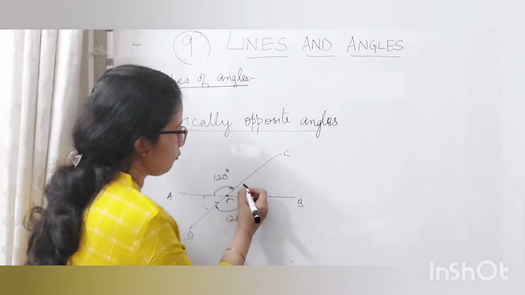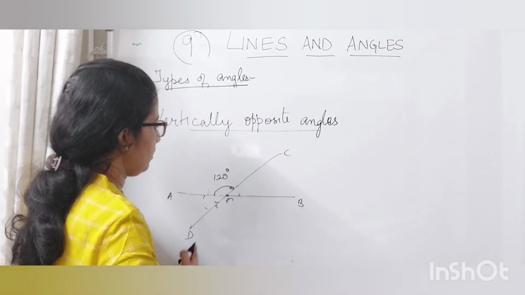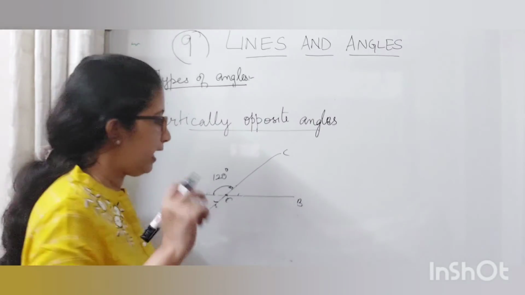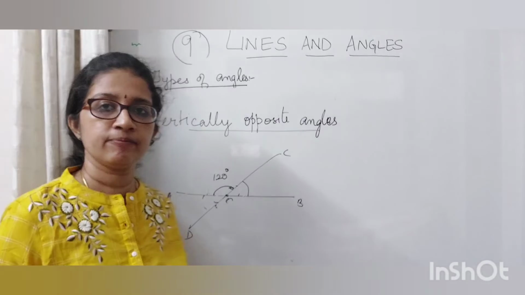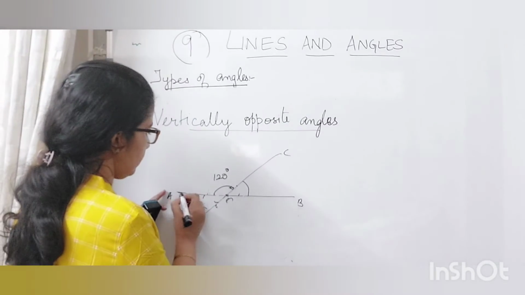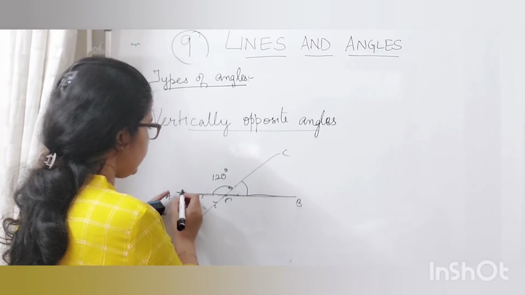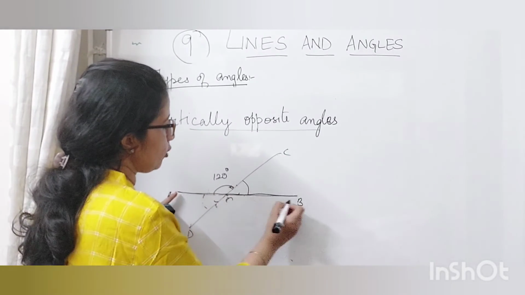Now if they give you this measurement, angle AOC, that is 120 degrees, and if they tell you to find angle COB, how will you find? You know that this is a straight line, right? So these are linear pairs, angle AOC and angle COB.